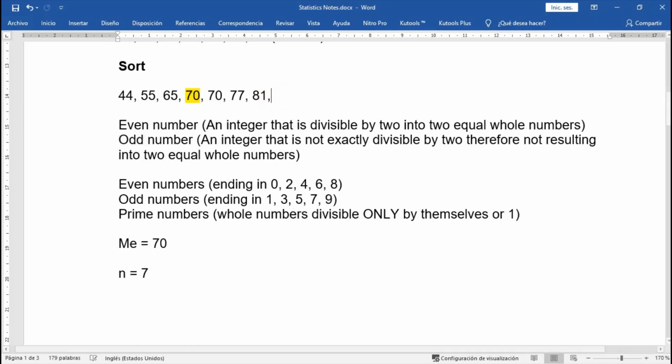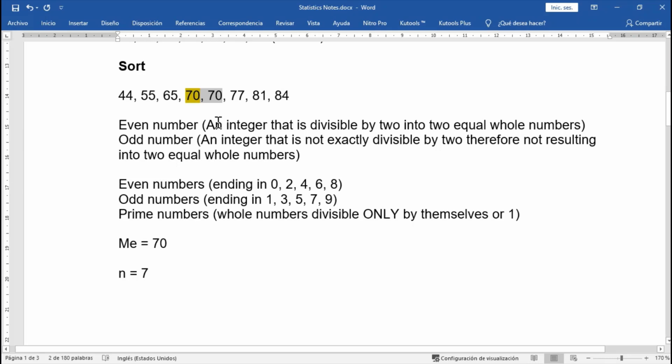Assuming a hypothetical situation, we can have another number here, and this would be an even distribution. Now we have 8. We have to take the two middle values, sum them and divide by 2. 70 plus 70 would be 140, divided by 2. This would be 70 exactly.